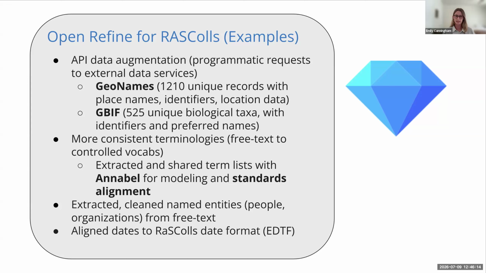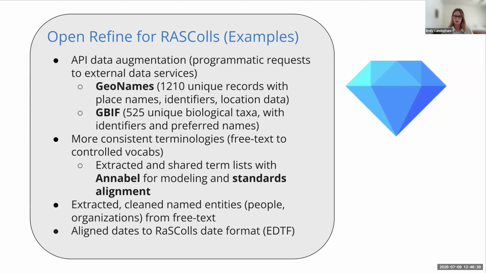Using OpenRefine, we can standardize terminologies. Many of the fields were converted into controlled vocabularies. So we could extract a term list from the data and then standardize the terms and align them with authority-controlled vocabularies.